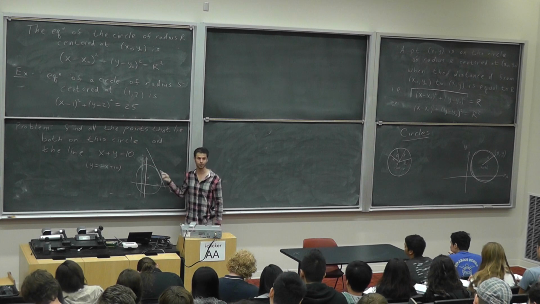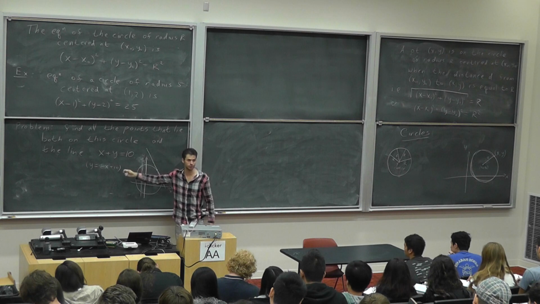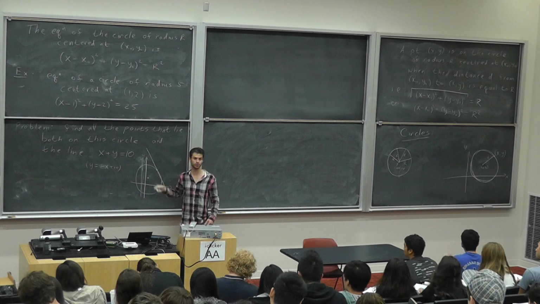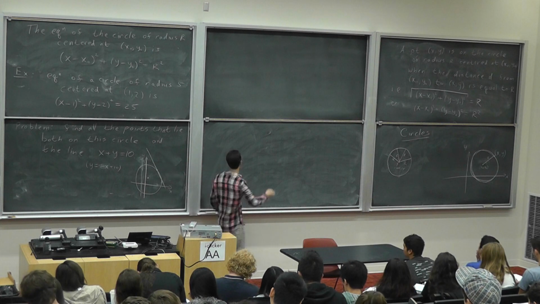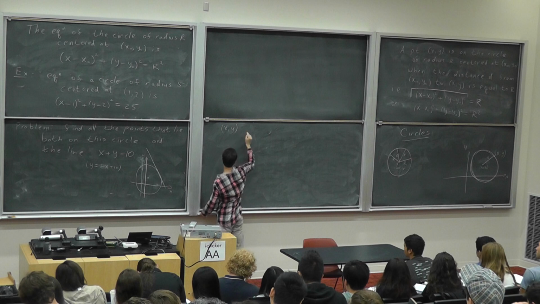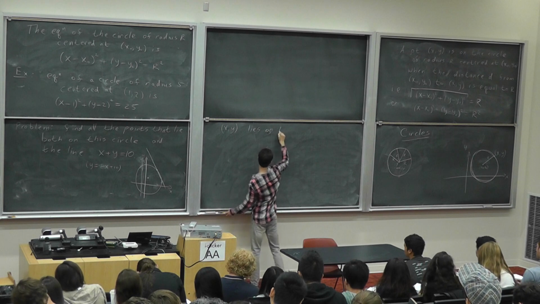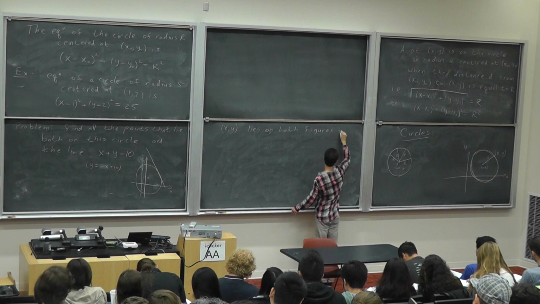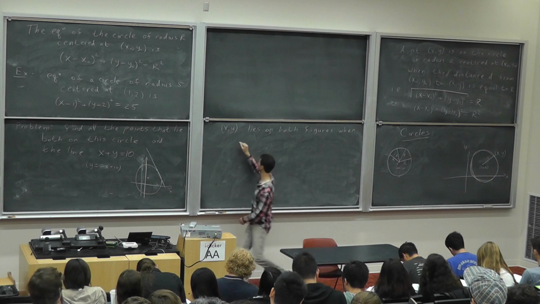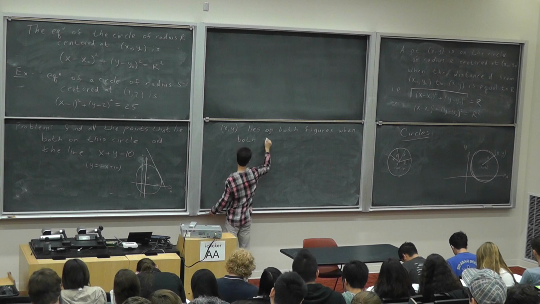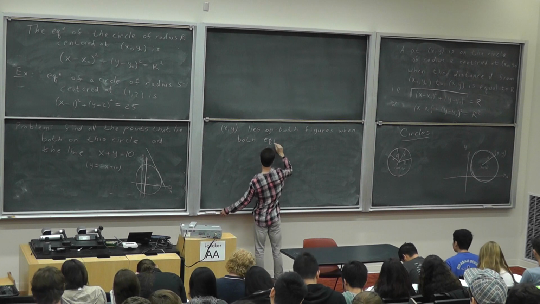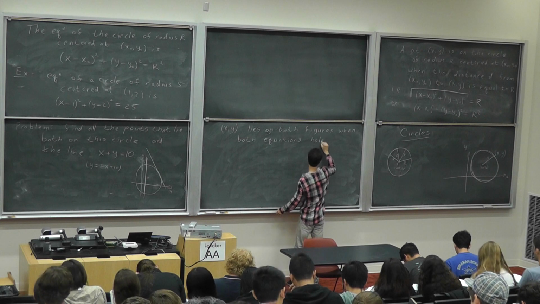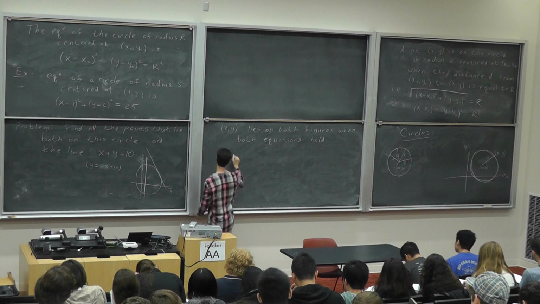Just because any point that lies on the line satisfies the equation of the line, and any point that lies on the circle satisfies the equation of the circle. If it lies on both, it satisfies both equations. So x, y lies on both figures when both equations hold.